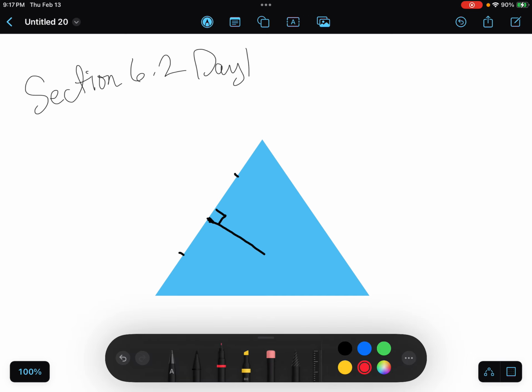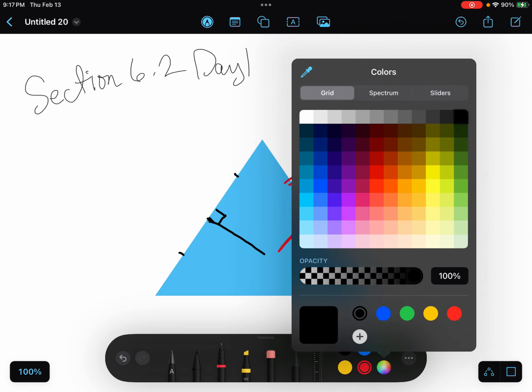And then I do another one in red. This is about halfway. Comes in here like so. Makes a 90-degree corner. That makes those the same. And then if I put another one in, I can't really use blue, so let's go orange.